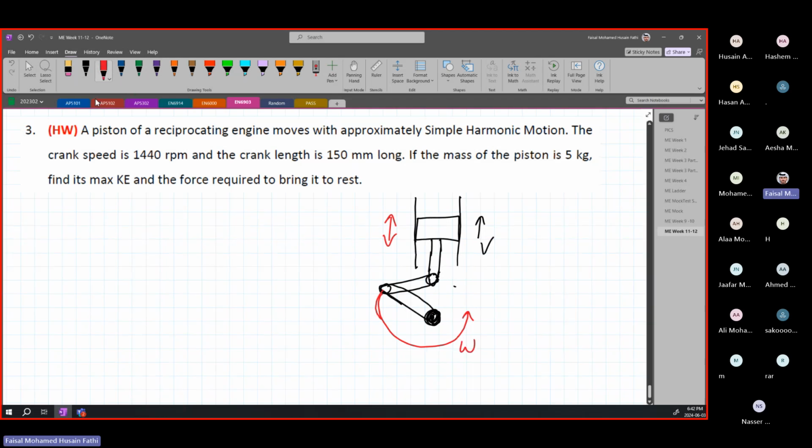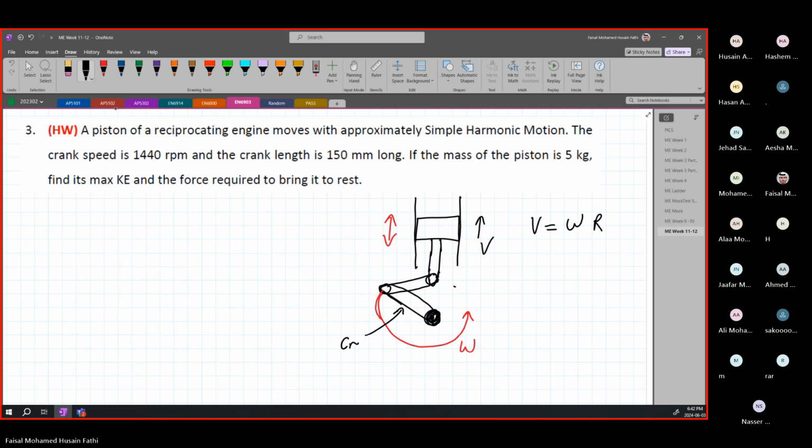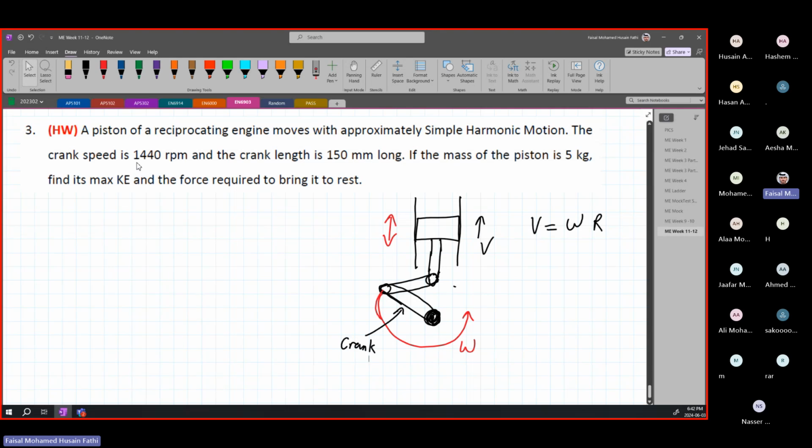If you remember your relations between omega and v, since they are connected, v is equal to omega times r, the radius. This is what is known as the crank, or crankshaft. The crank speed is 1440 RPM.